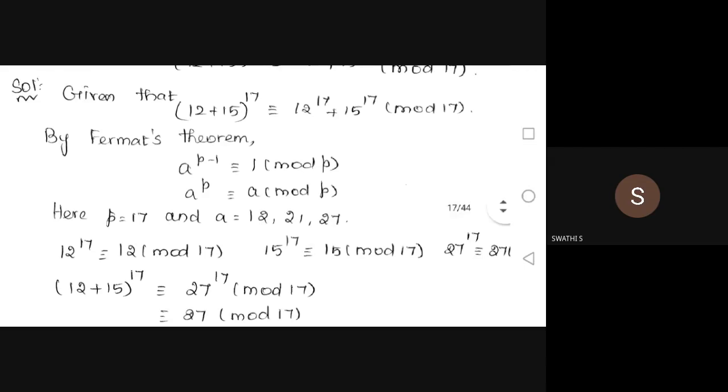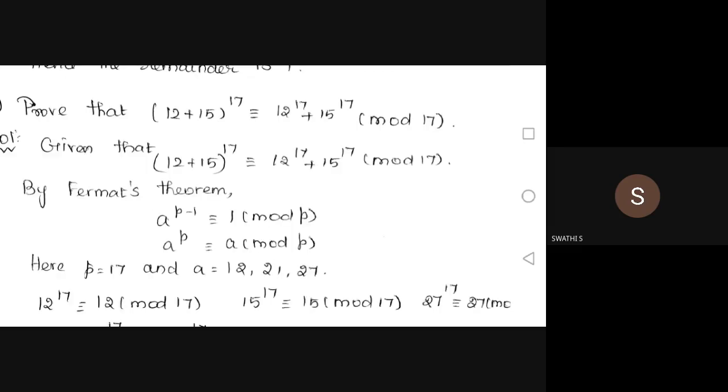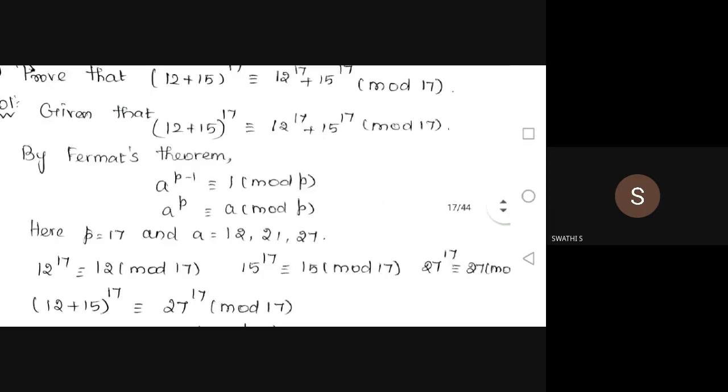Here, in this problem, the mod value is 17. So therefore P is equal to 17. So what are the given bases? 12 and 15. So here the A values are 12 and 15. So 12 power 17 is congruent to 12 mod 17 by using Fermat's little theorem, since A power P is congruent to A mod P and 17 is prime.